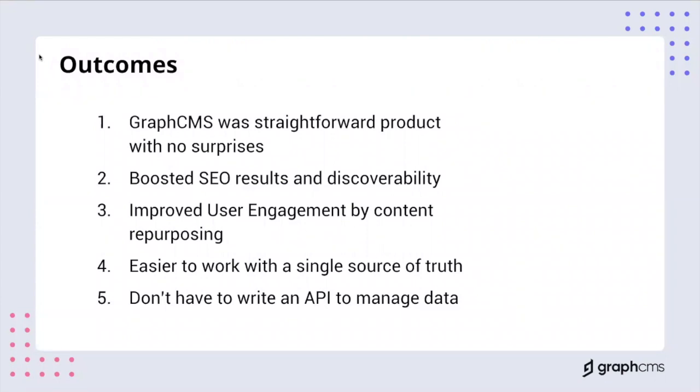So all the calls to the content are done through this API, and this API calls GraphCMS. So to populate data on the mobile application, it calls the API, and then it saves articles so you can read offline.